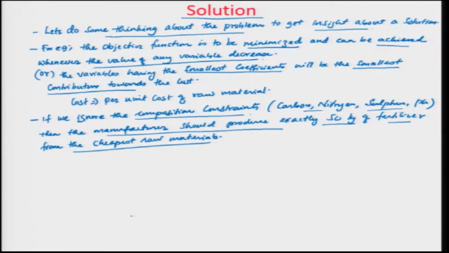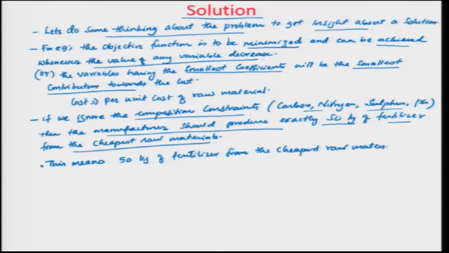And this means 50 kilograms of fertilizer from the cheapest raw material, which is worm meal at 150 rupees per kilogram, and 60 kg of it is available.